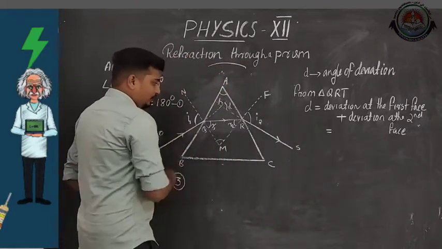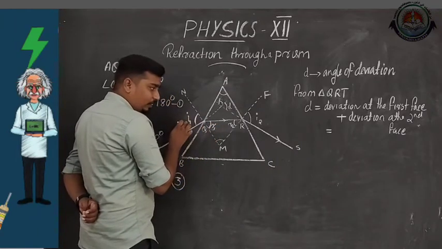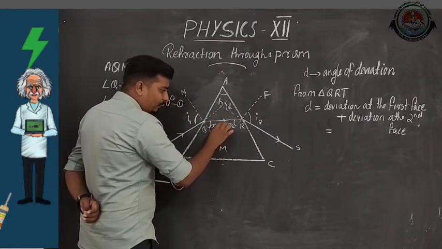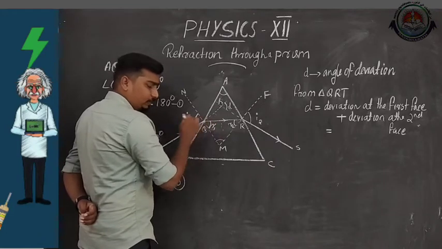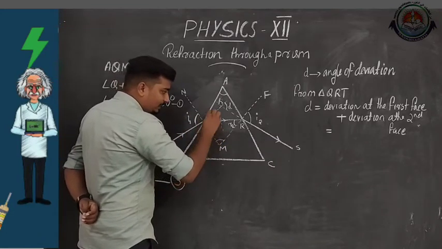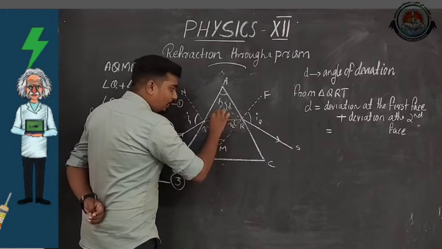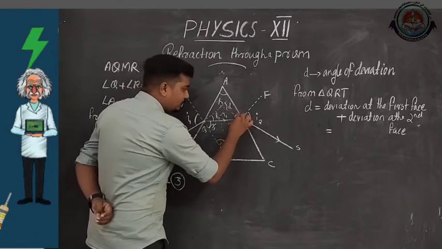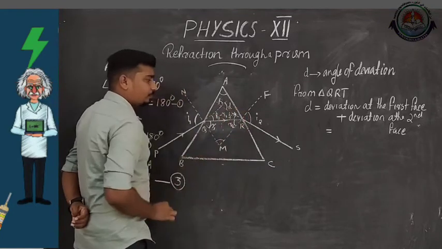Here this angle is R1 and this total angle is I1, opposite angles. That means this angle is I1 minus R1, and this is I2 minus R2.